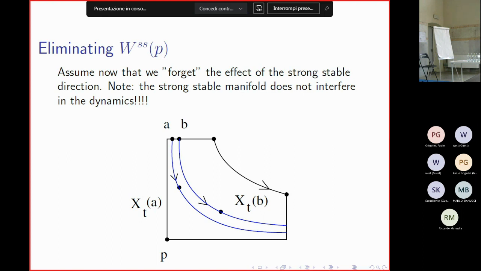If you take a point near it, it goes quite slowly, and then it is different. At the same time, you have this kind of displacement or shearing.